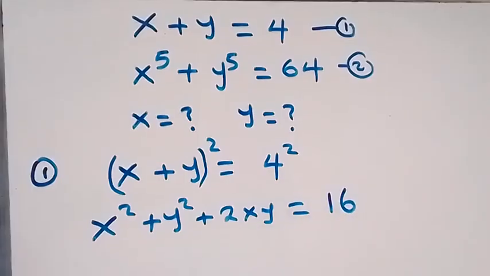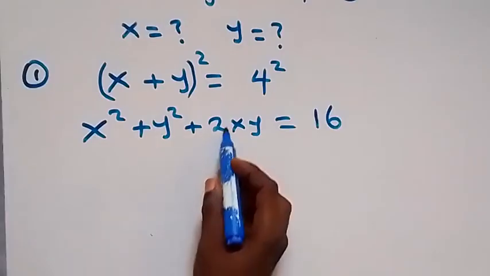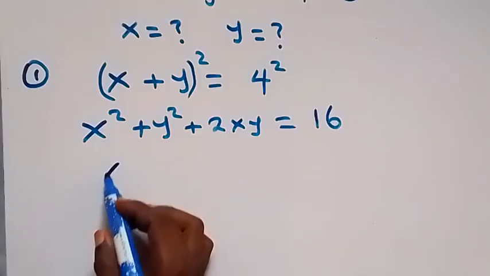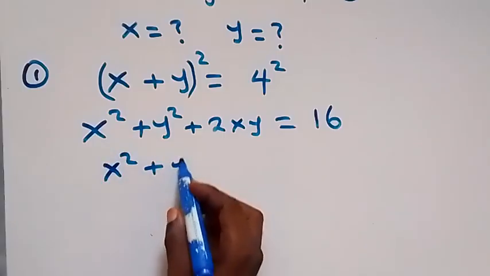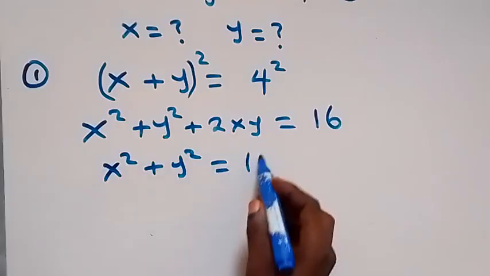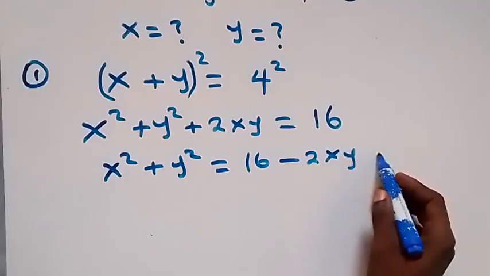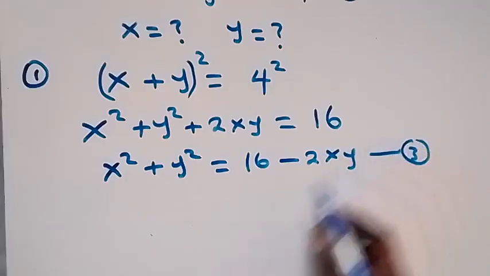Then let's take 2xy to that side, and it becomes minus. So we have x squared plus y squared equals 16 minus 2xy. Label this as equation 3.